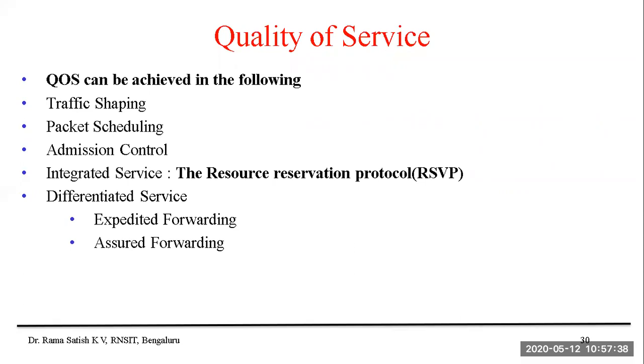Next, packet scheduling, transmission of packets. Suppose you are taking a backup, and backup you can take anytime. The backup will be taken, or your download procedure will be done, whenever the network is free. Automatically it downloads and keeps it.